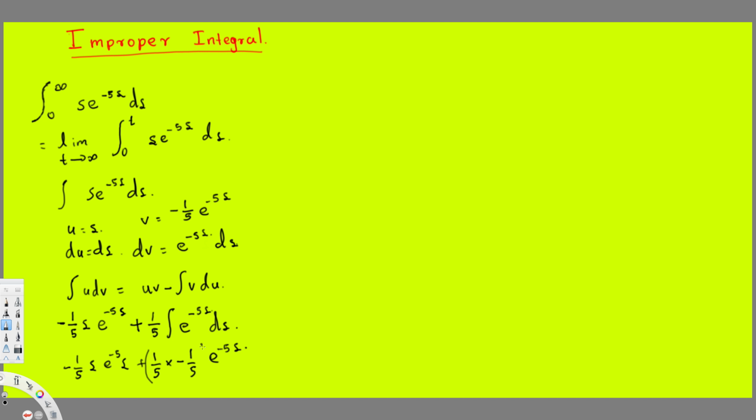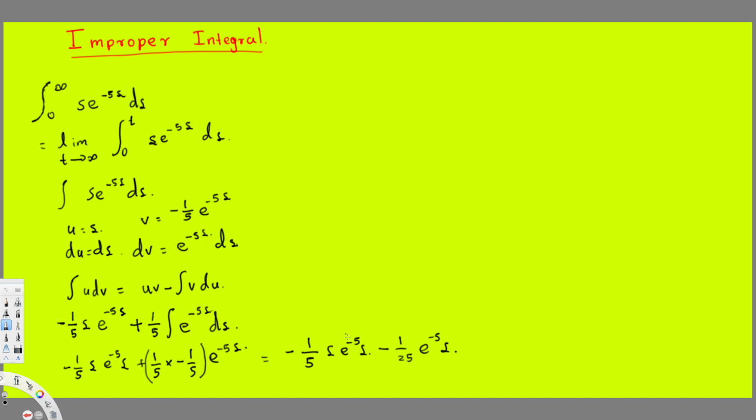We can multiply this one and simplify. That's going to be minus 1 over 25. So this is going to be minus 1 over 5 s e power minus 5 s minus 1 over 25 e power minus 5 s.